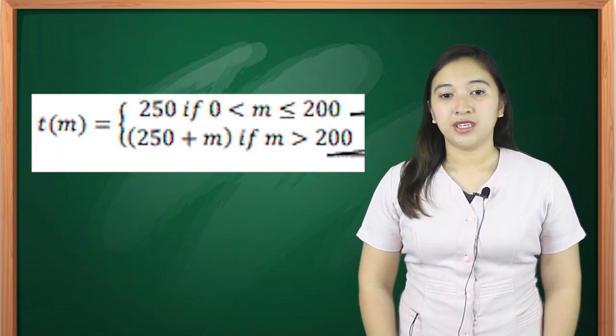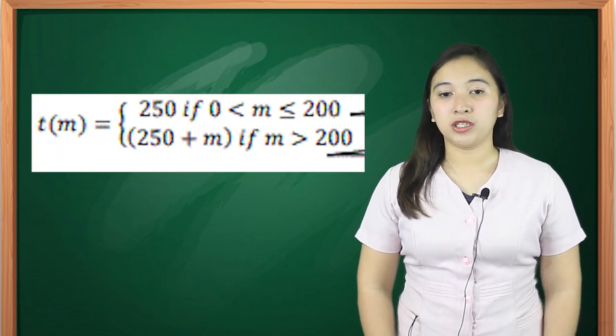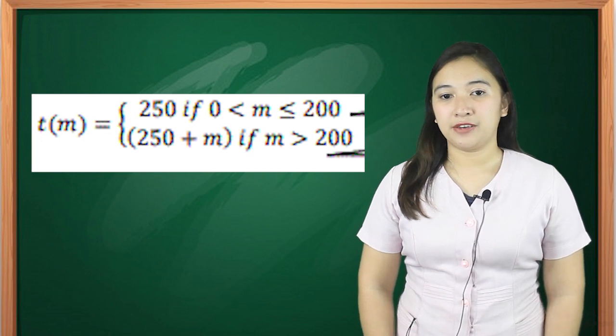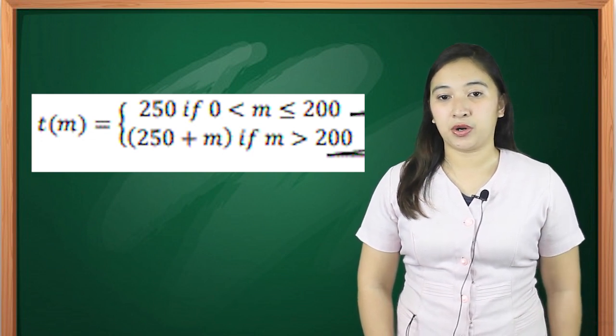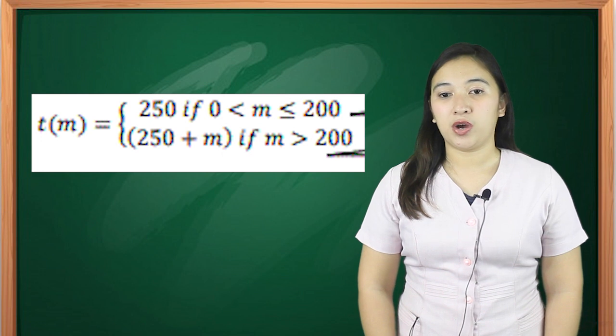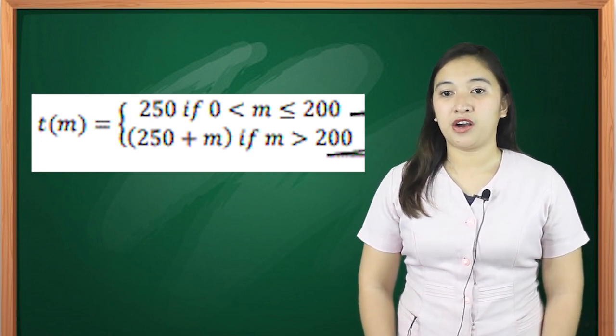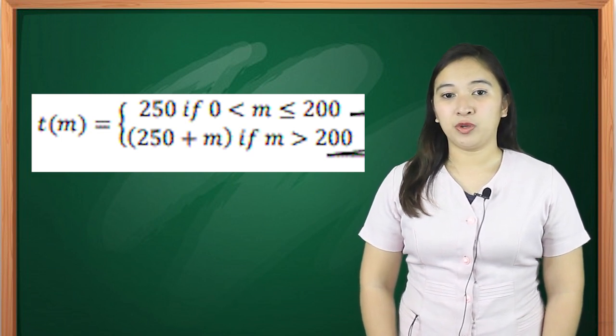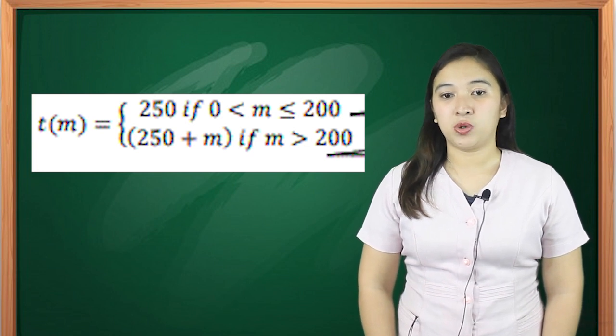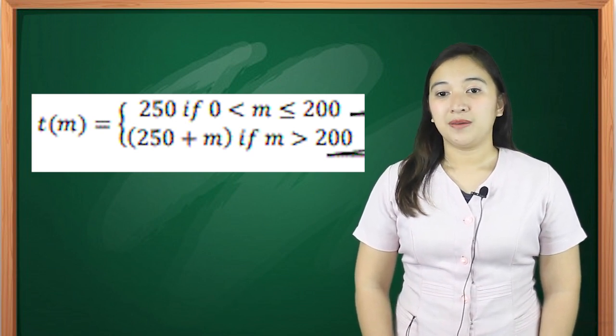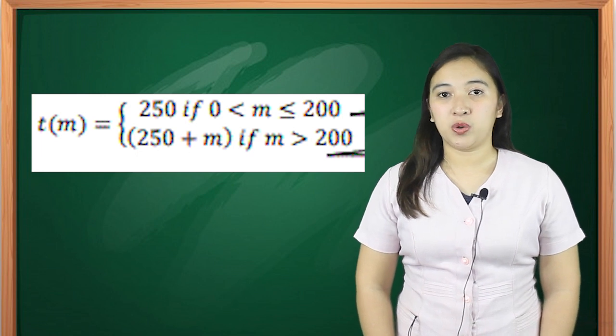So we have T(m) = 250 if m is greater than 0 or less than 200. That is the formula used for sending messages not exceeding 200, while the second formula would be 250 + (m - 200) for messages sent more than 200.